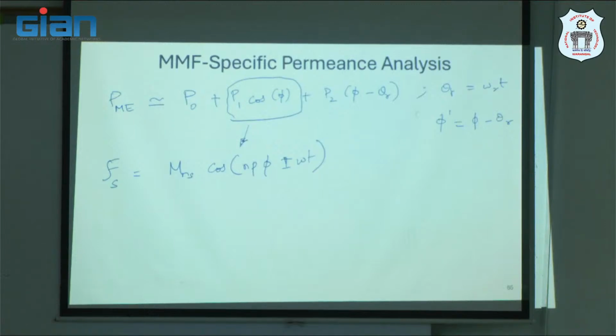Let us try to do it together. So the flux produced in the air gap due to the MMF interacting with only the static eccentric component of the permeance function. Again, this is in the stator reference frame.